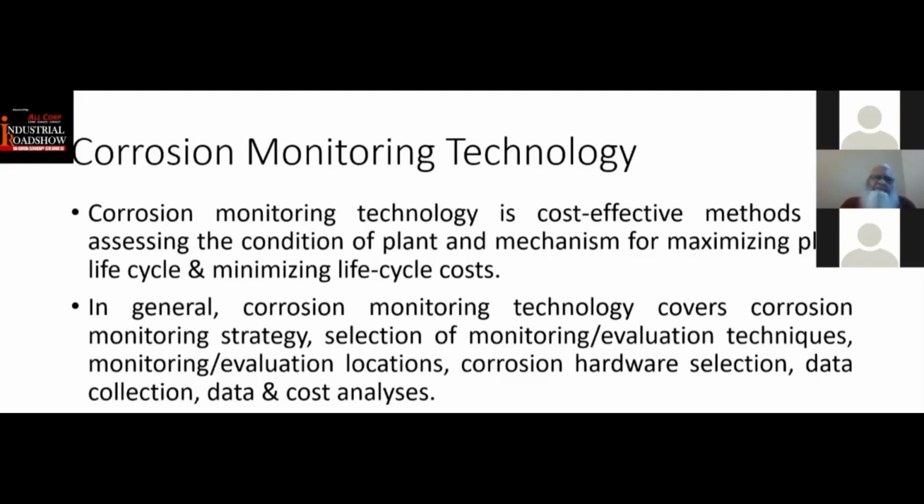In general, it covers the corrosion monitoring strategy, selection of monitoring and evaluation techniques, monitoring and evaluation locations, corrosion hardware selection, data collection, and data and cost analysis.